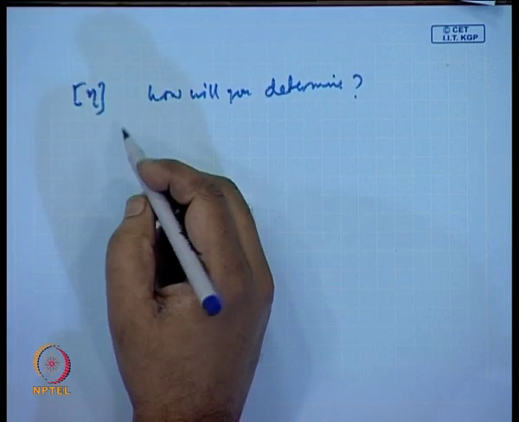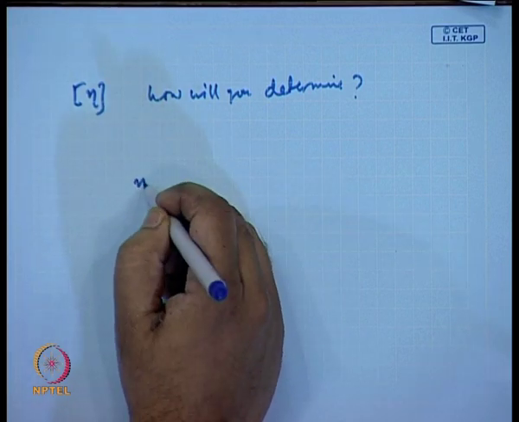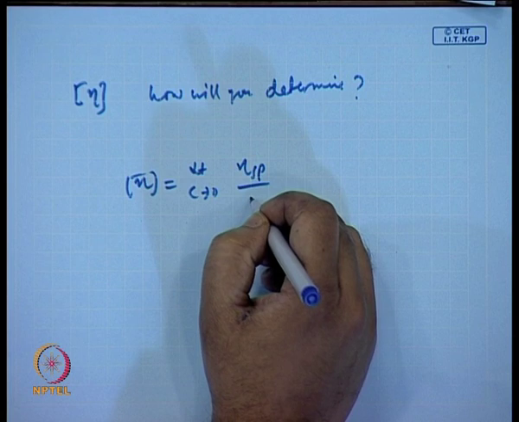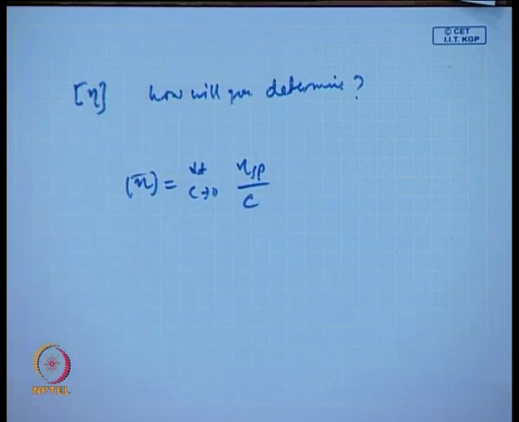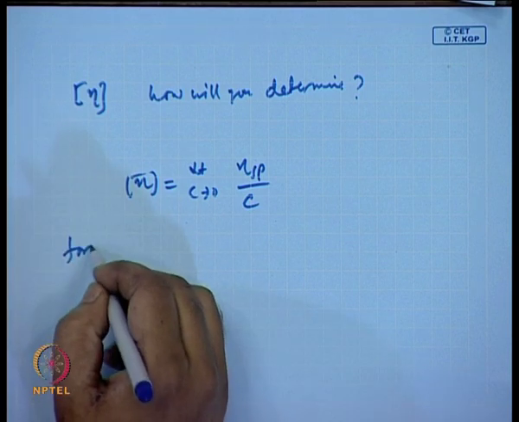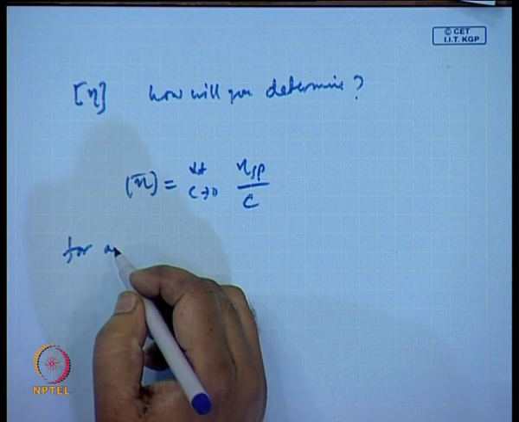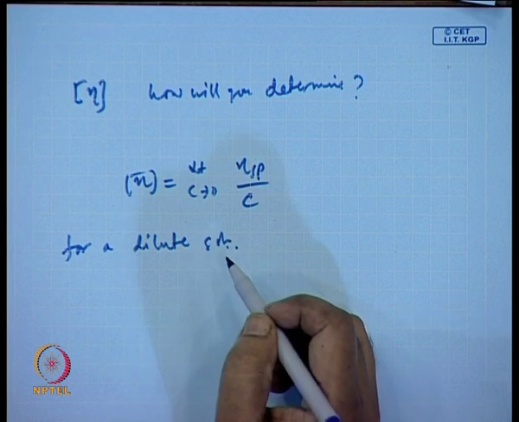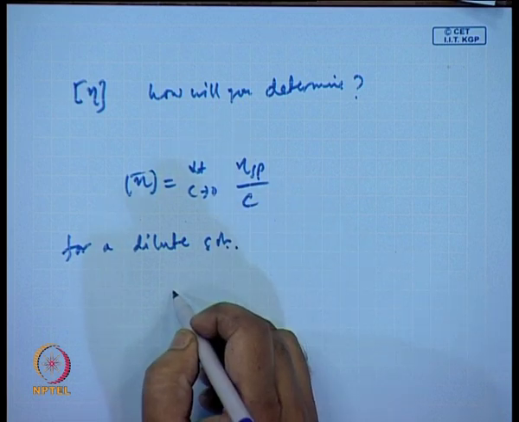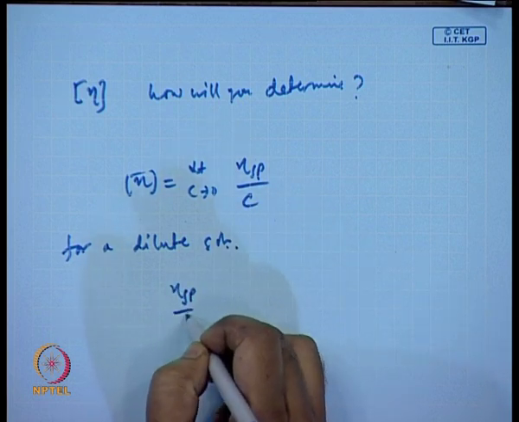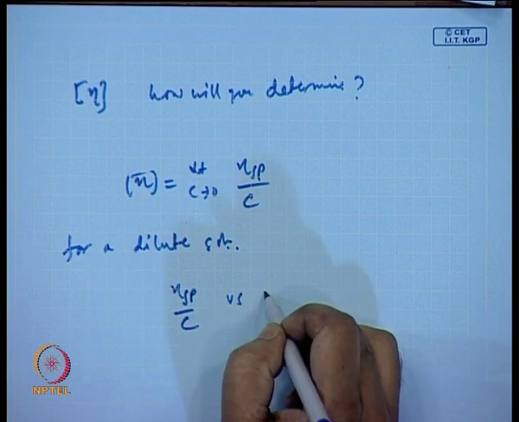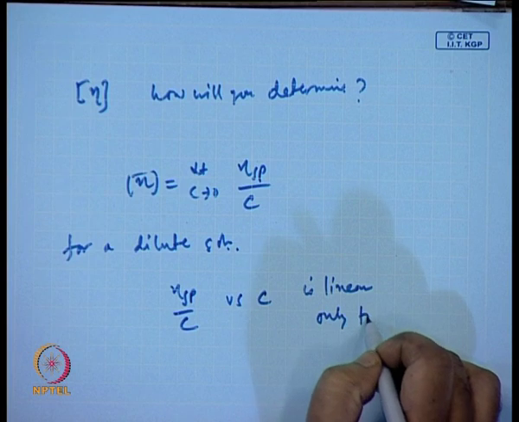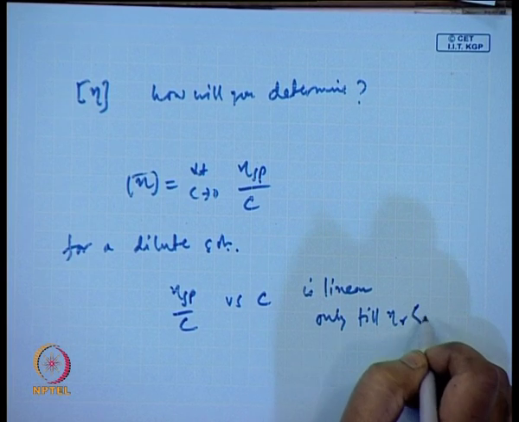Eta is given by the limit as c tends to 0 of eta_sp by C. Now, for a dilute solution, the plot of eta_sp versus C is linear only till your eta_r is less than or equal to 2.